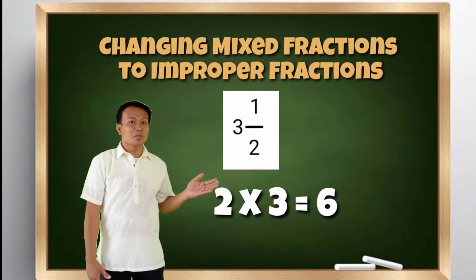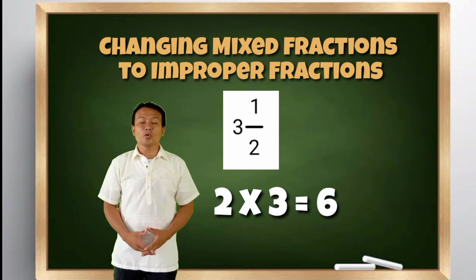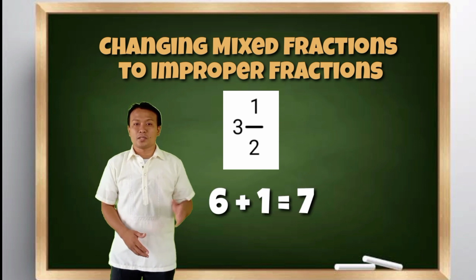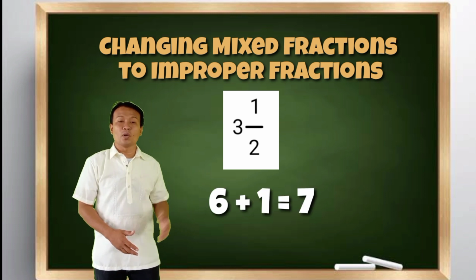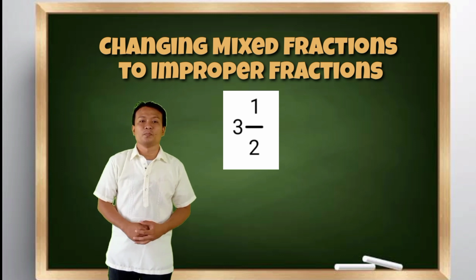So we have 2 times 3 is equal to 6. Then add the numerator 1 to the product of 2 and 3. So we have 6 plus 1 is equal to 7. Then copy the denominator 2.